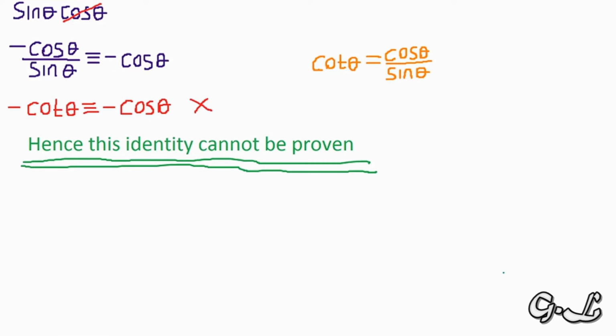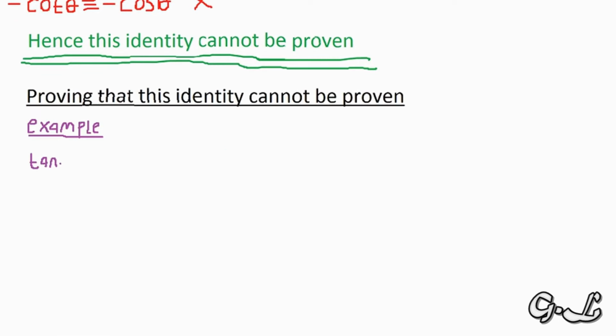So let's try to get another example, from somewhere else. Tan theta is equivalent to sine theta over cos theta.